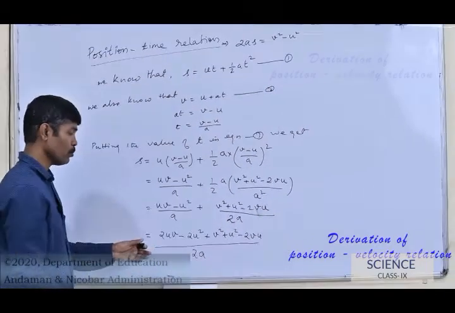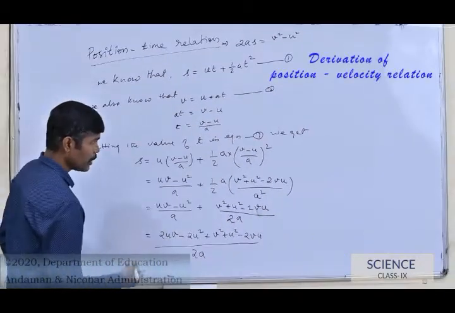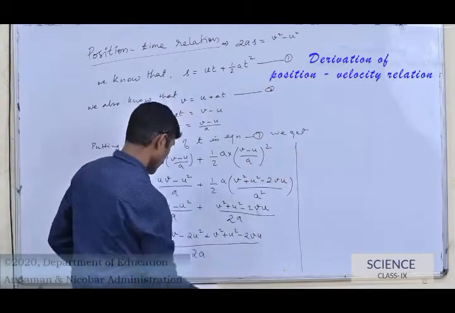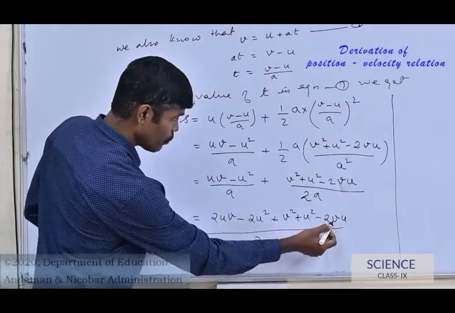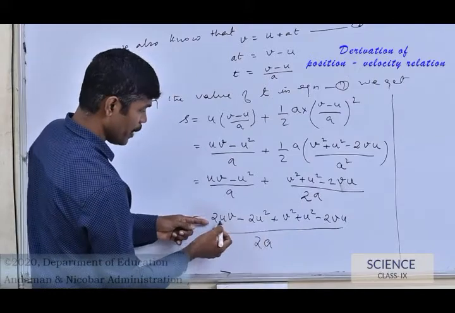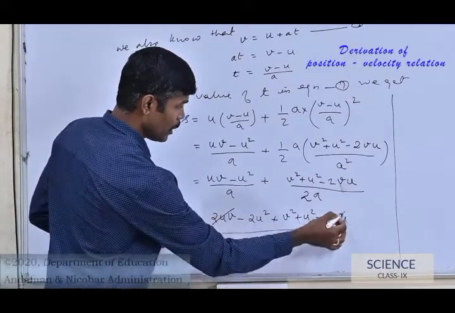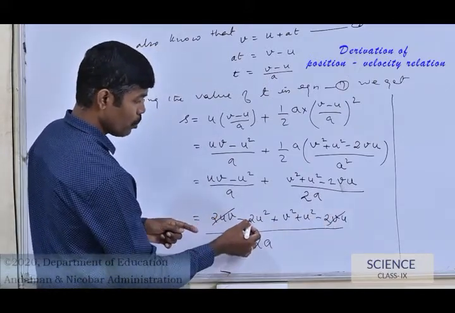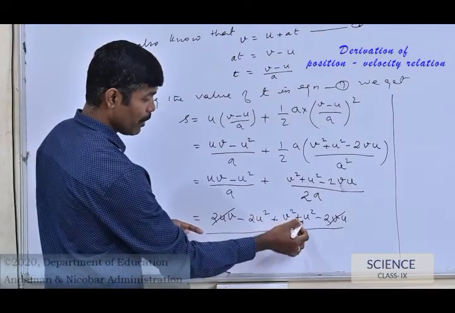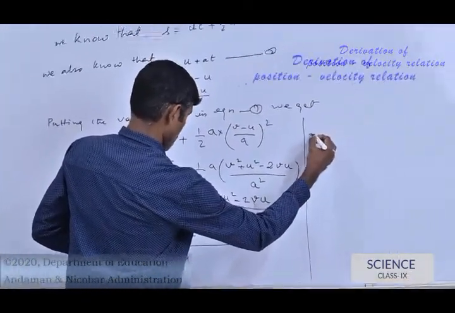LCM of these two we will get like this. Now in this equation, 2vu and minus 2vu cancel out each other, and minus 2u square plus u square will become minus u square.